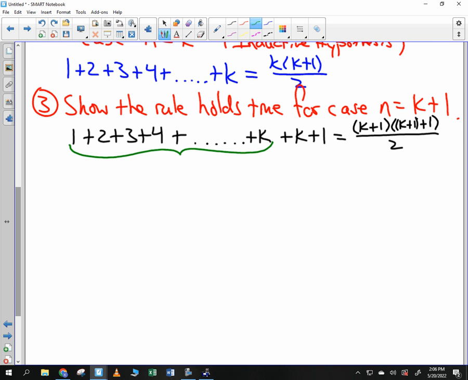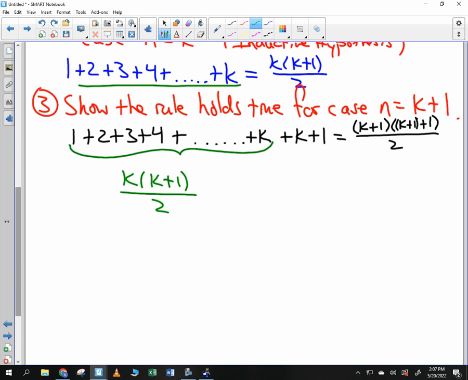Isn't that what we wrote right here? What is this thing equal to? This thing is this right here, is it not? So instead of writing this, I can write k times k plus 1 divided by 2.